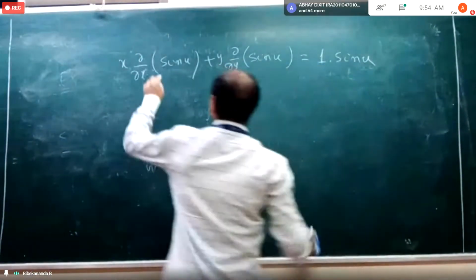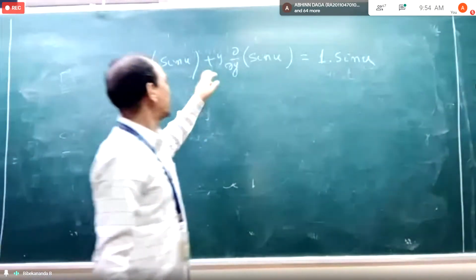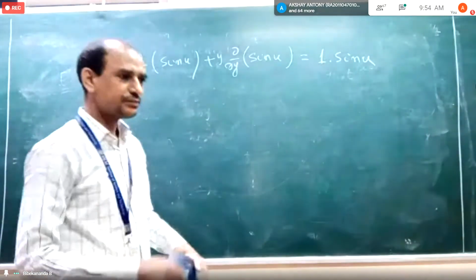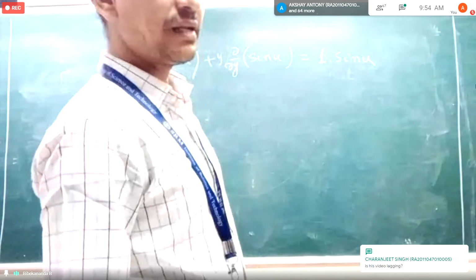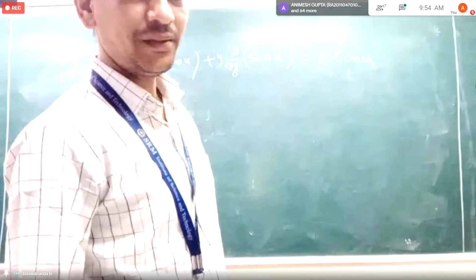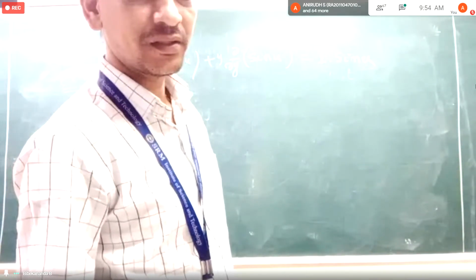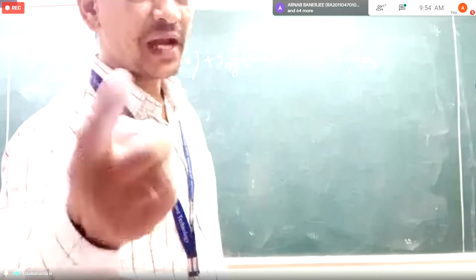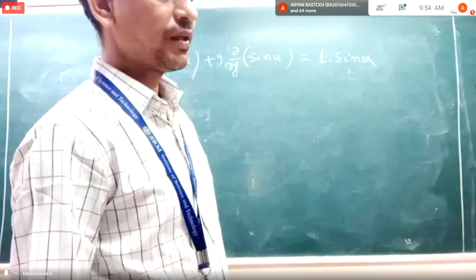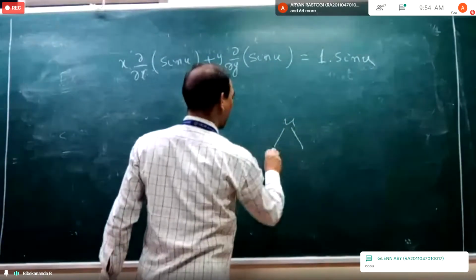Now u is a function of x and y. So what will be the partial derivative of sine u with respect to x? Tell me. First find the derivative of sine u, chain rule: cos u. First find the derivative of u, as u is a function of x and y.